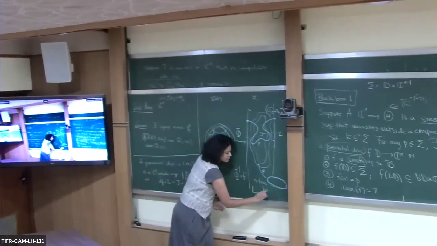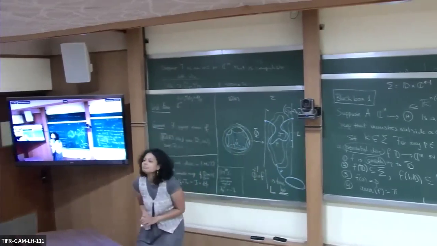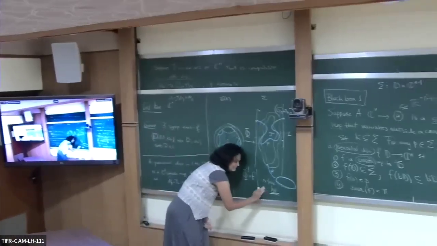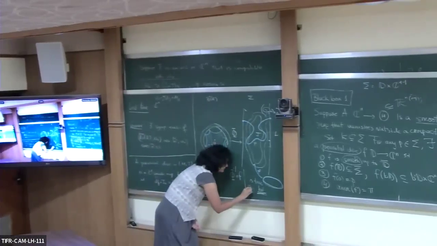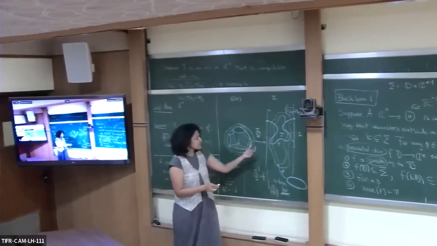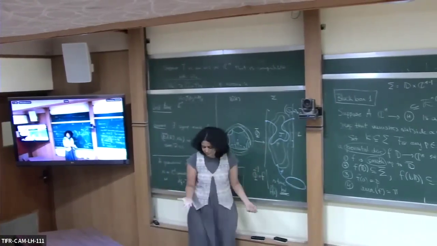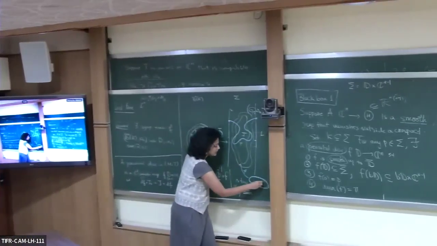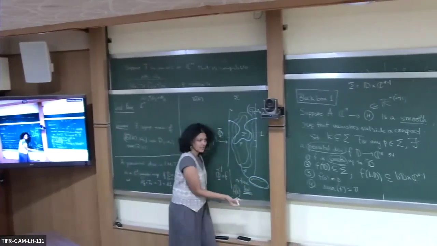Thinking about F inverse of that, it should be on the disk. And of course, you might ask, what is F inverse of L? And please don't, because I won't be able to answer right now. I don't know what F inverse of L looks like.